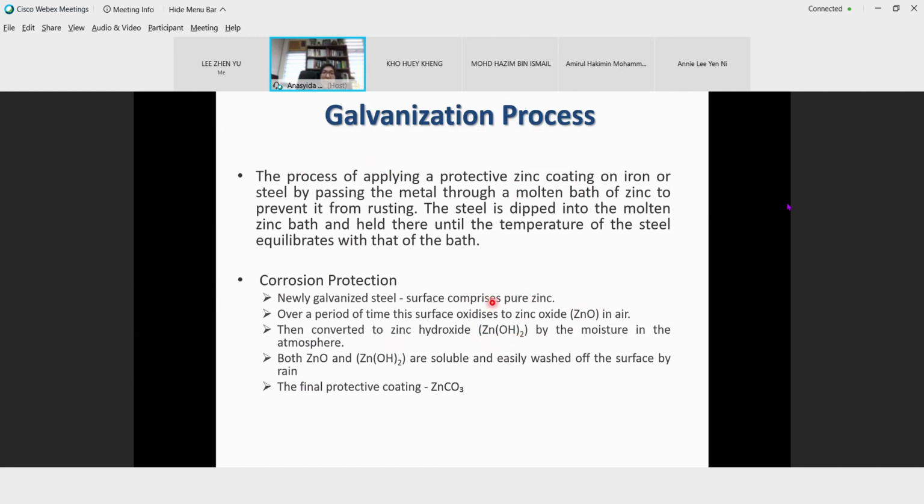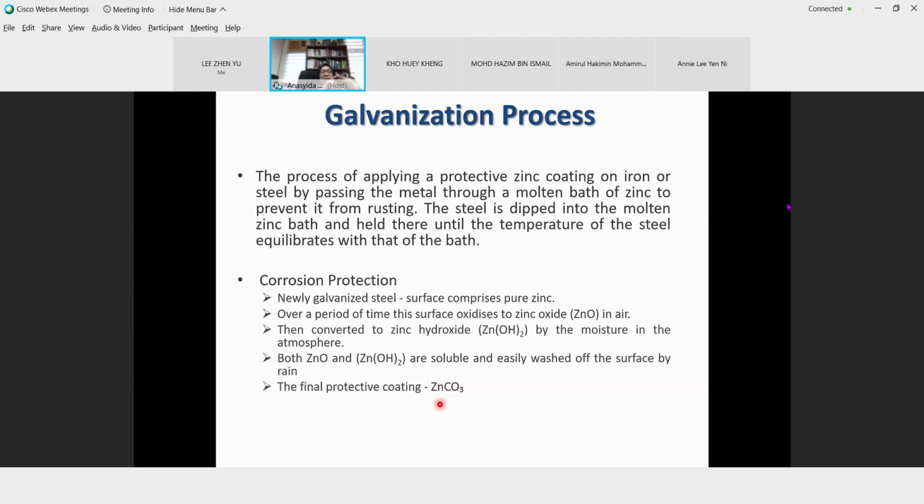So in order to have a better protection, sometimes all this zinc oxide juga akan jadi bentuk satu lagi, nama dia zinc carbonate. So zinc carbonate ni selalunya dia akan soluble tapi ambil masa yang lama. So dia akan protect. Saya lupa nak lukis.